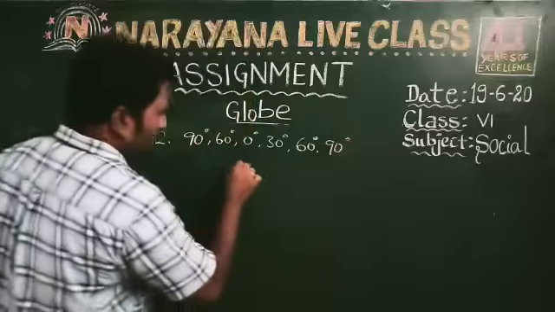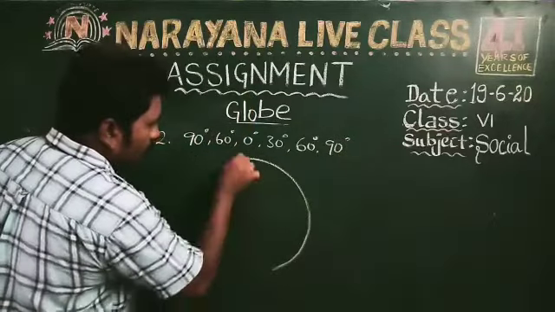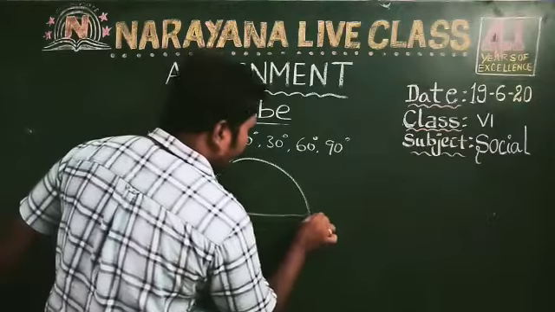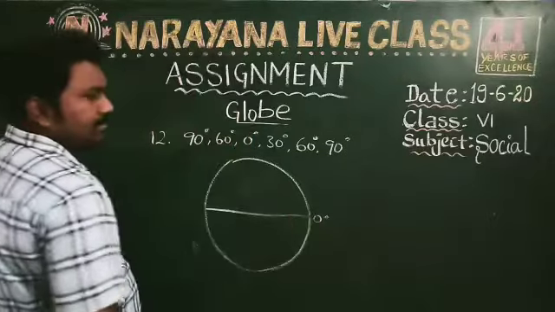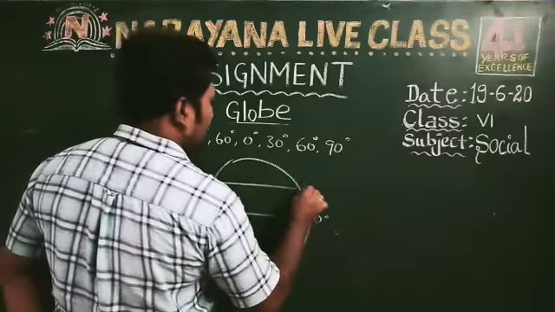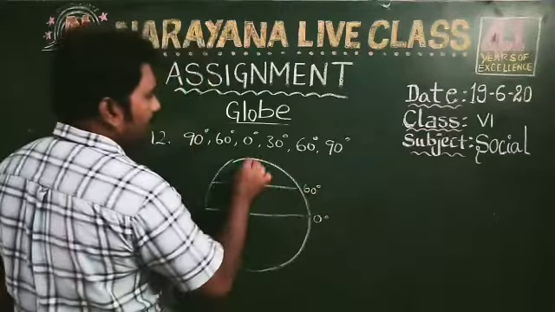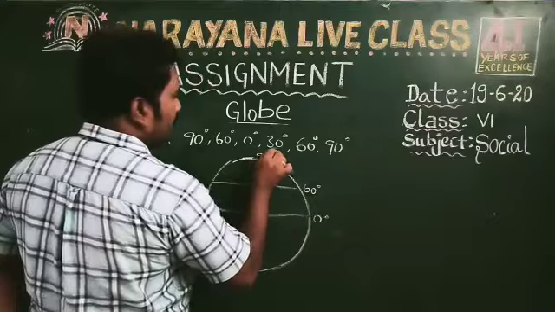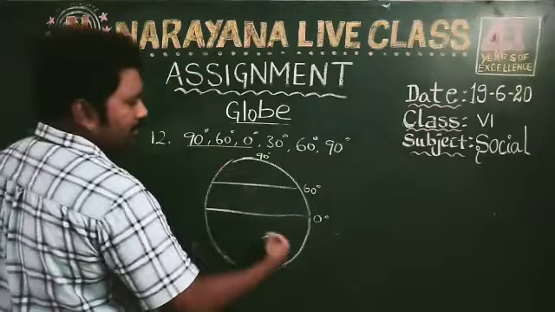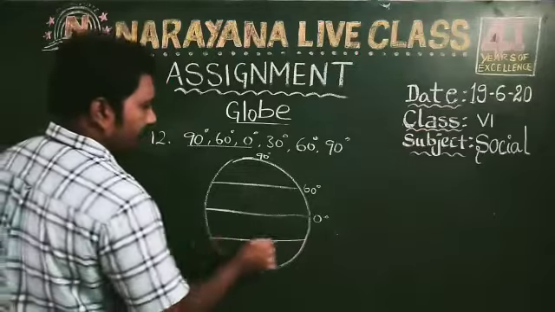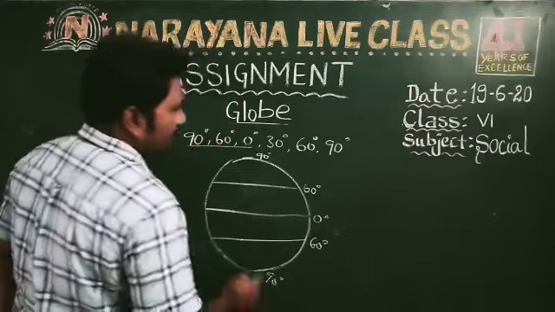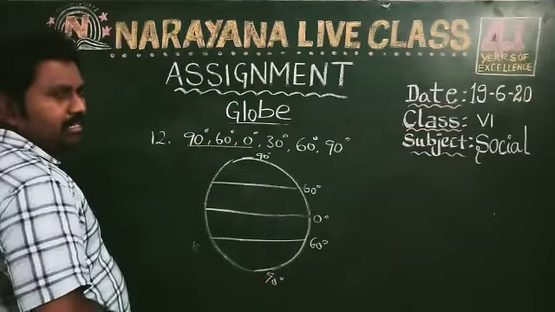We have to locate them on the globe. See, this is the globe. First is 0 degree, we located this. Then 60 degrees, then 90 degrees. So these three come here, in the northern hemisphere. Then in the southern hemisphere, 60 degrees, then 90 degrees. So this is the answer for the 12th question.